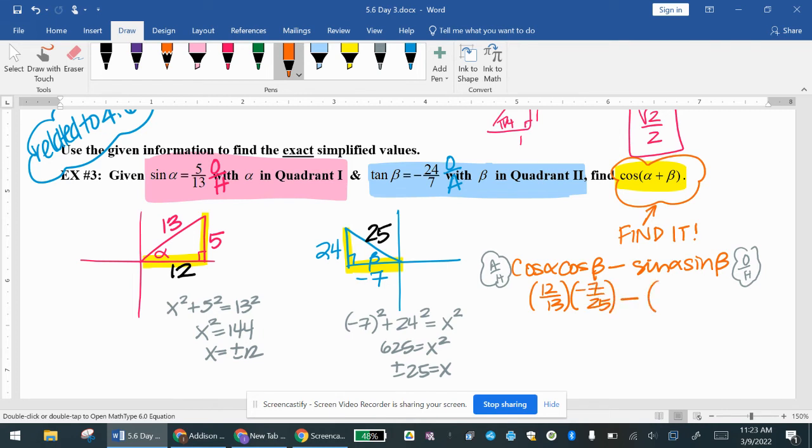We're going to subtract the sine of alpha, which is 5 over 13, and the sine of beta, which is 24 over 25. And then you pretty much just put it all at once in your calculator, and your calculator should automatically reduce it. If it doesn't, in some of the older calculators, you can push math, enter, enter to reduce.